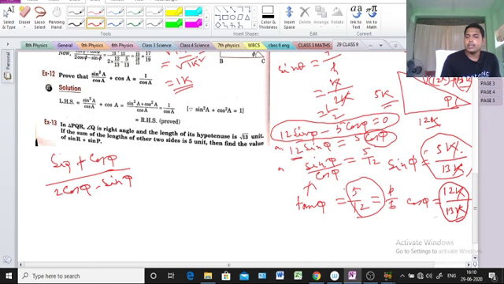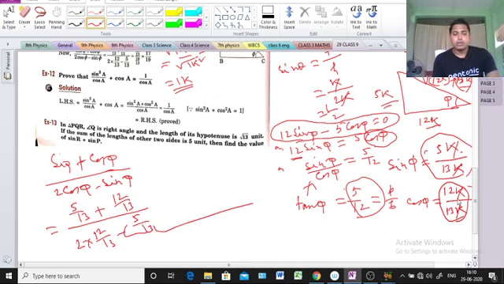Sin phi and cos phi we got. Now put in the values. So here 5 by 13 plus cos phi 12 by 13, and in the denominator 2 into 12 by 13 minus 5 by 13. Clear? Just a minute.